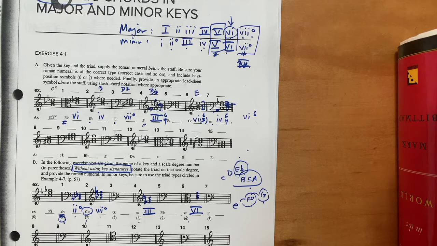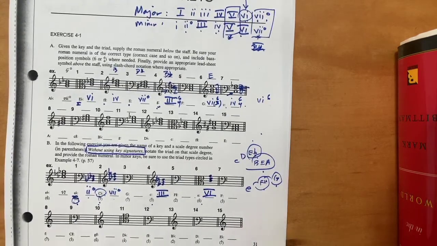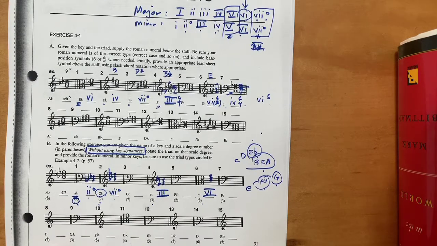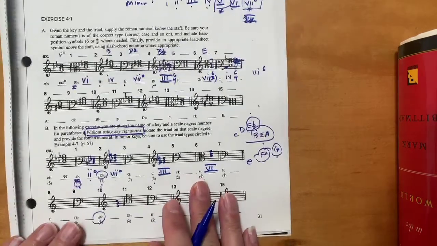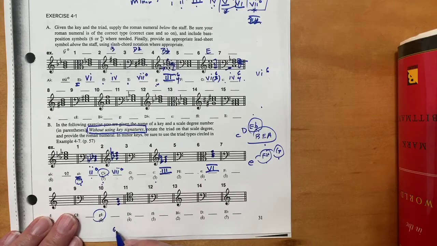Let's see, how about, let's do G sharp minor in the 6th scale degree. Okay, so G, A, B, C, D, E, some kind of E. Root, 3rd, and 5th. G sharp minor. Okay, so think G sharp.